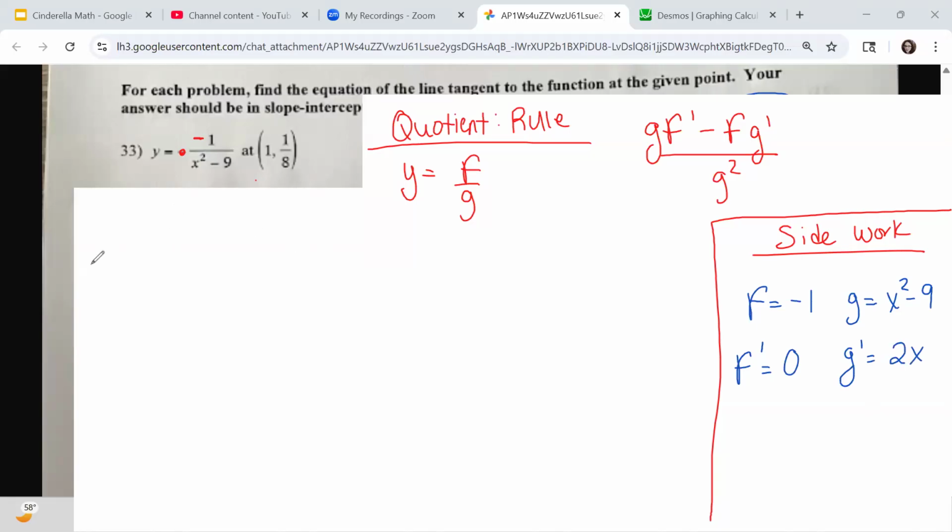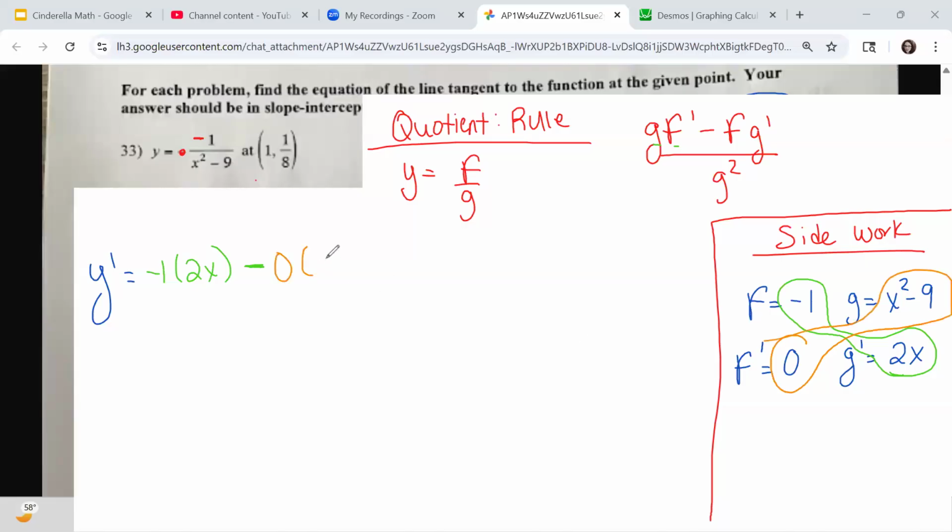Now we can actually do y prime. Following quotient rule, it says g f prime. So if you set up your side work like this, g f prime, it'll always be like diagonal. So that's going to be -1 times 2x minus, that's the rule, f g prime. So that's the other diagonal. 0 times x squared minus 9 all over g squared.